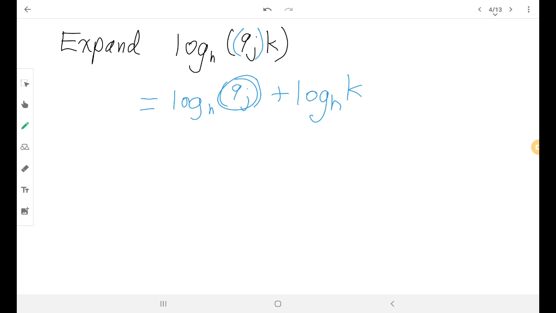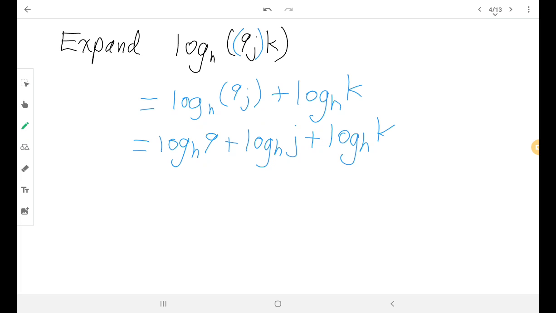Then I can expand this multiplication into addition also. So log base h of 9 plus log base h of j plus log base h of k.